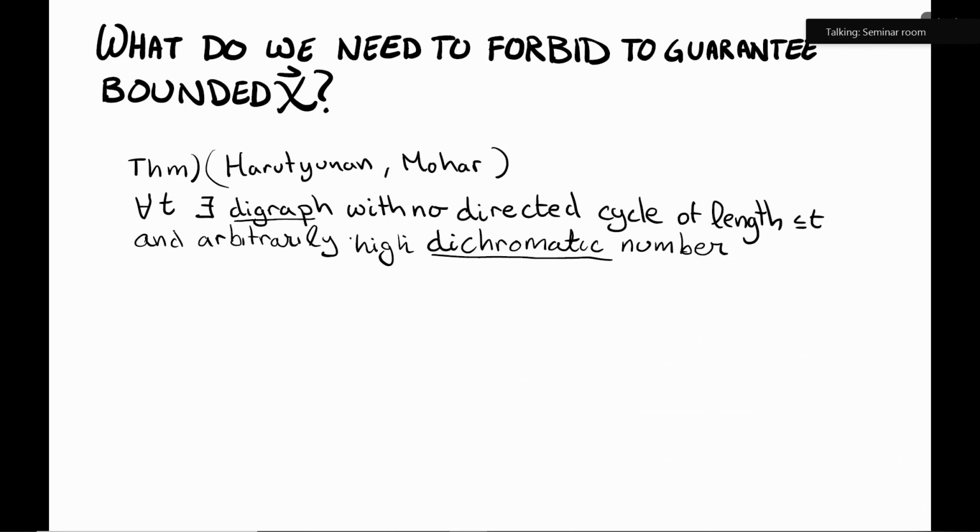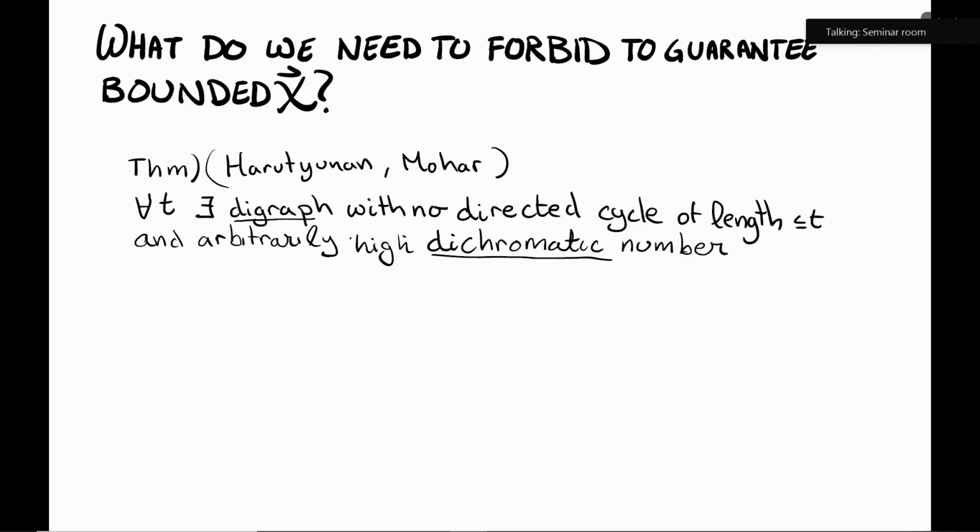I can't cover that up for you, but I can say verbally: there exist digraphs with arbitrarily high dichromatic number and no small cycle in the underlying graph, so not necessarily directed cycles. Here I wrote directed cycle, I should cross out that word. And that also includes digons, of course.